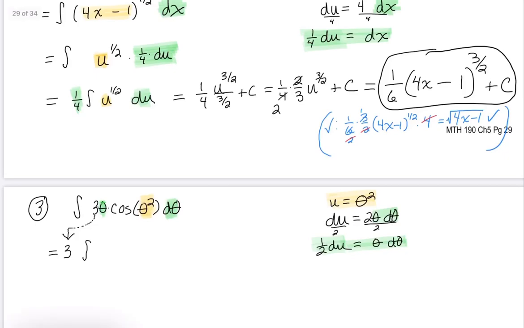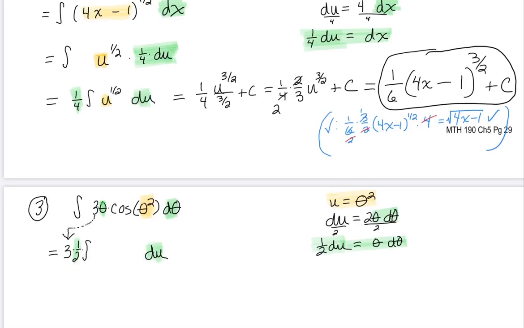All right, so any constant multiple, including this 1/2, I'm just going to bring out in front right away, and then I'm going to put the du portion over here. So again, what are we doing here? We are replacing the theta d theta with the 1/2 du.